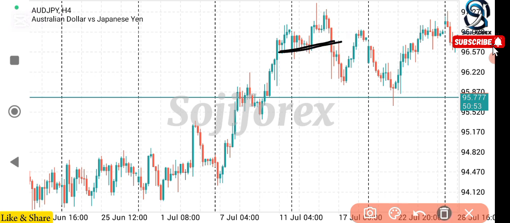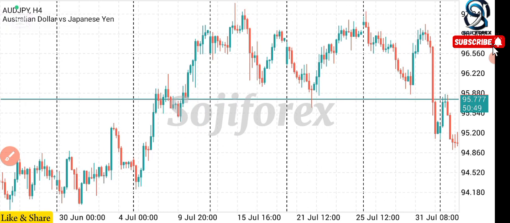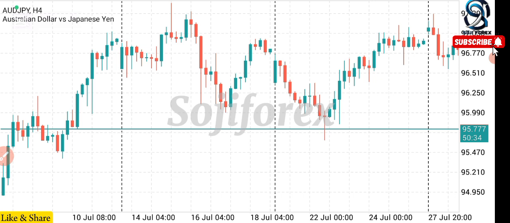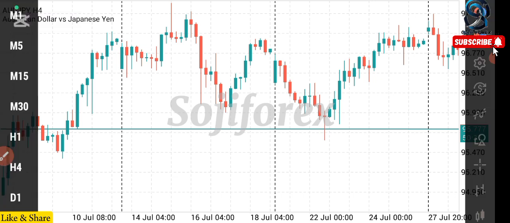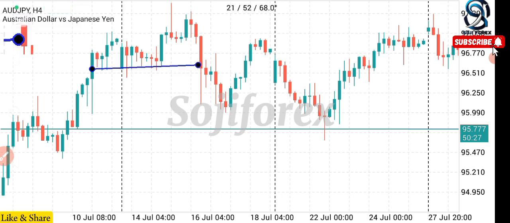So remember, we said having gotten a break of structure, what is the next thing we need to do? We now consider where do we sell, because we know that this is a downtrend. So where do we sell? I would say the next thing, where to sell, we need to identify point of interest. So what are these points of interest that we need to identify? We said it can be our order block.